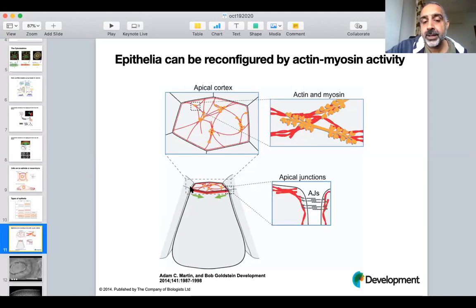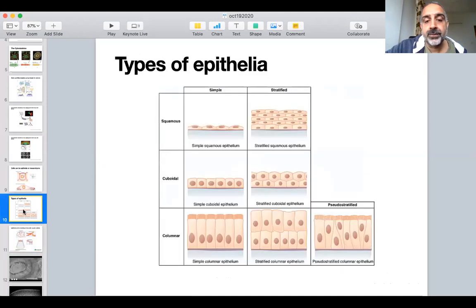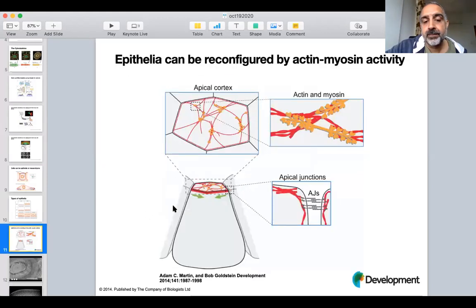So for example, here you can, by contracting either the apical cortex or the junctional actin, so there's a band of actin that runs on the junctions as well, you can start contracting the apex of the cell. So epithelia will go from this square shaped or columnar shape to something like a wedge here, okay?